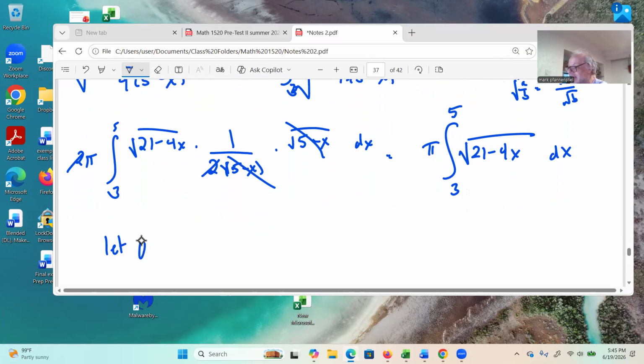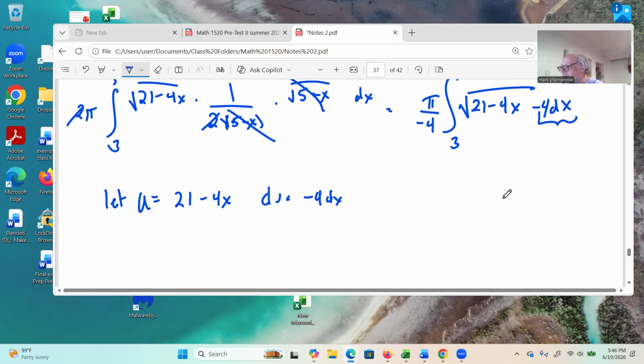Let's set u equal to 21 minus 4x. So du is equal to negative 4 dx. I'm going to stick a negative 4 here and a negative 4 there, so this piece here is now my du. I'm going to do one more thing. When x is equal to 3, u is equal to 21 minus 12, which is 9.